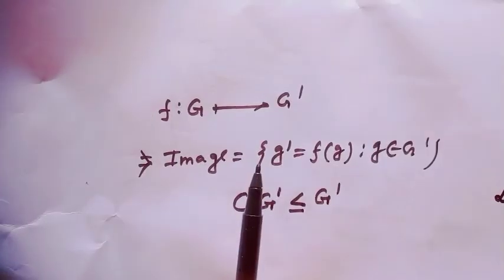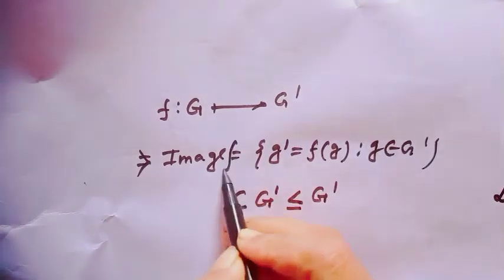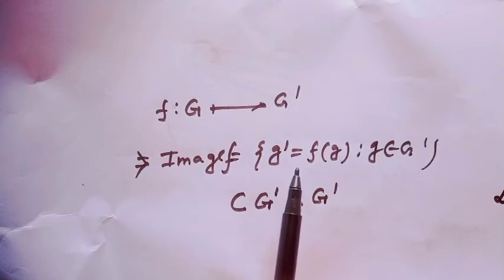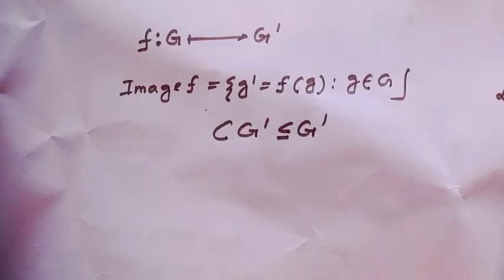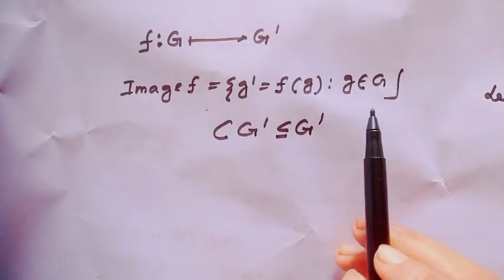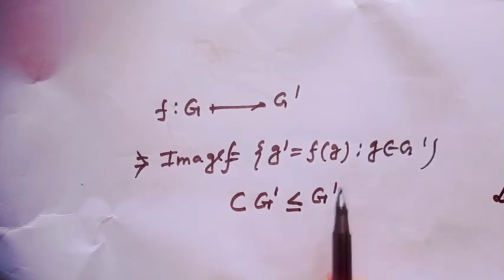I have discussed in my previous video the image of f. The image of f equals the set of all g prime which equal f of g, where g is a member of capital G, which is a subset of G prime. And this is not only a subset, this is a subgroup of G prime.